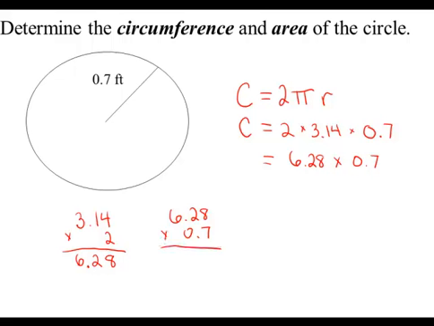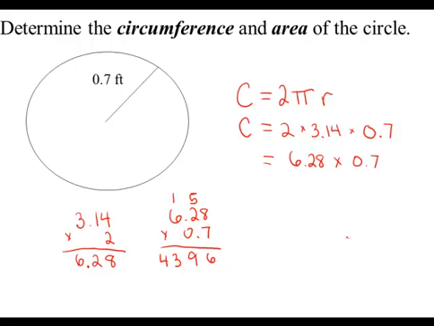Beginning with 7 times 8, which is 56. I'll write the 6 and carry the 5. 7 times 2 is 14, plus 5 is 19. I'll write the 9 and carry the 1. 6 times 7 is 42, plus 1 is 43.